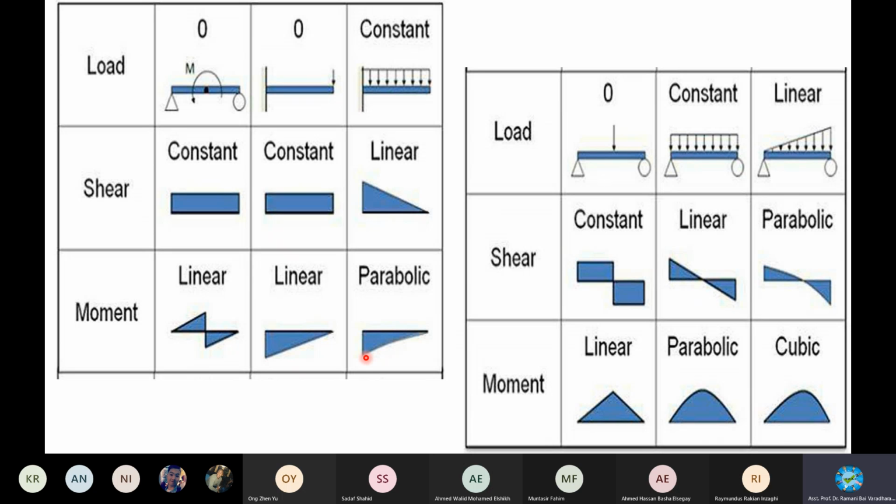So start from here, some maximum value, and then it is slowly reducing, right? Because it is a little bit away, but there is some loading. You see the curve, this is a straight line, but this is parabolic. The moment distribution diagram is always parabolic for a UDL. It's not an inclined line, it's parabolic, because the response is gradually reducing.